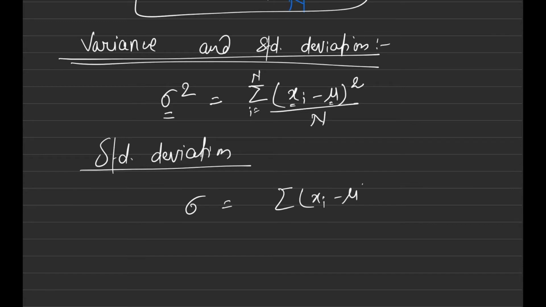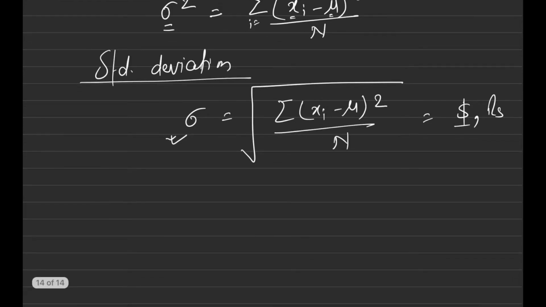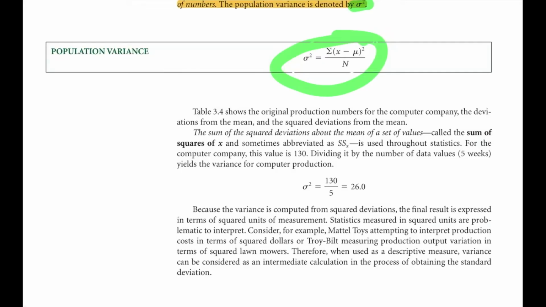It is the same formula, but now we take the square root. Now it gives me the same unit, Indian rupees, dollar or whatever, the same scale. This is what is mostly used in statistics, sigma, the standard deviation. So please remember that sigma is the square root of sigma square, or variance.